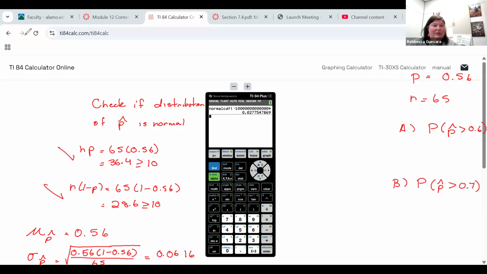So remember what we're looking for is greater than. So for A, the distribution is centered here. We're looking at 0.6 or greater. And then for B, we're looking at 0.7 or greater.